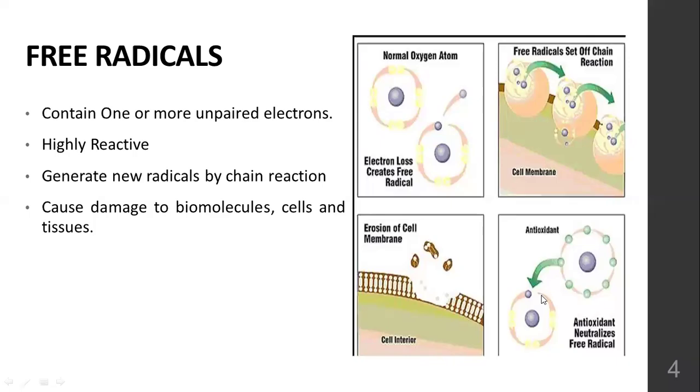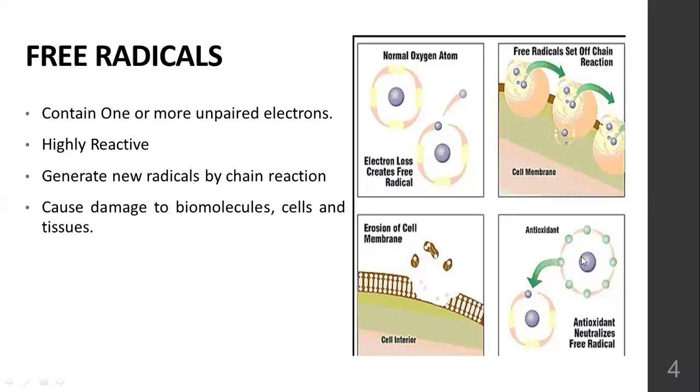But when you give it back the electron that it has lost, it goes back to normal. It just becomes a free floating substance, causing no damage. So that is the role of antioxidants.